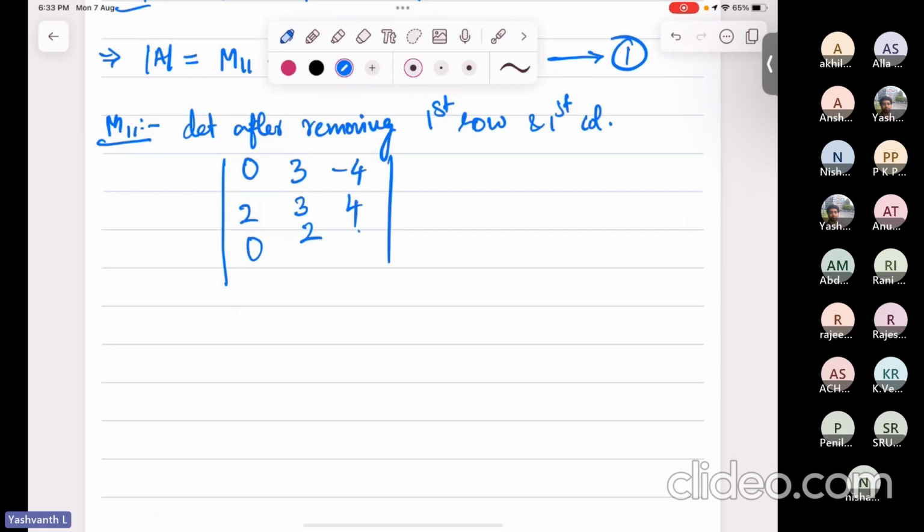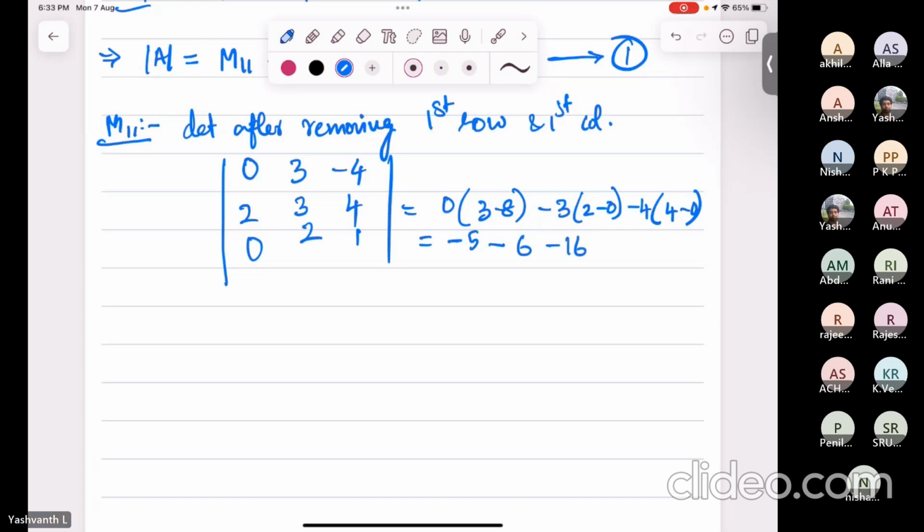Now this can be evaluated as 0 times 3 minus 8, minus 2 times 3 minus 0, minus 4 times... Oh, I'm sorry, this is 0. Okay, this is nothing but minus 22.